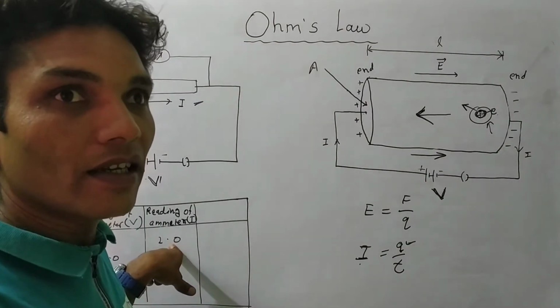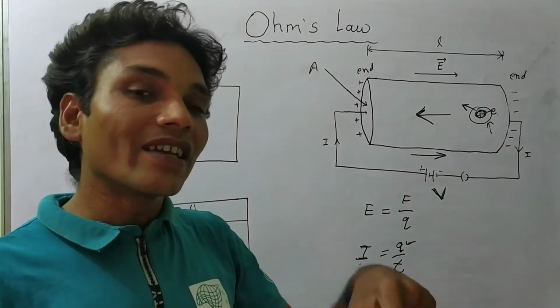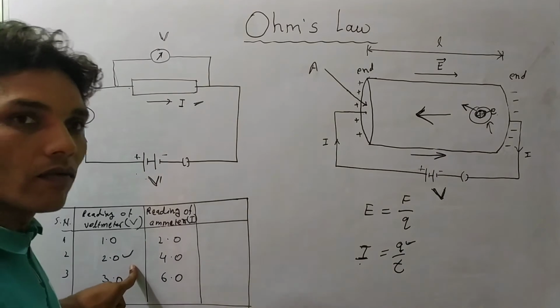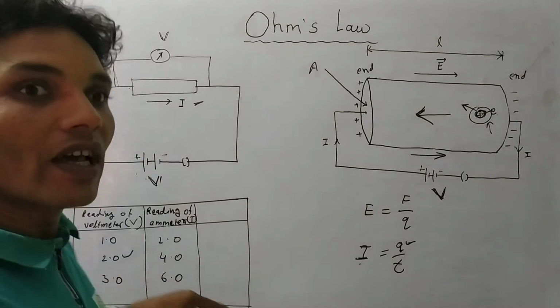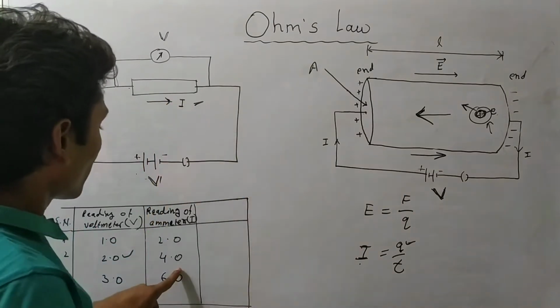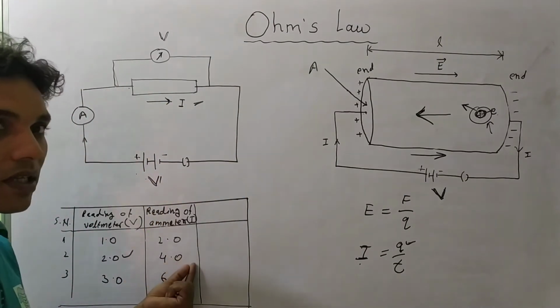If he increased the potential to 2 volt, the current would be 4 ampere.